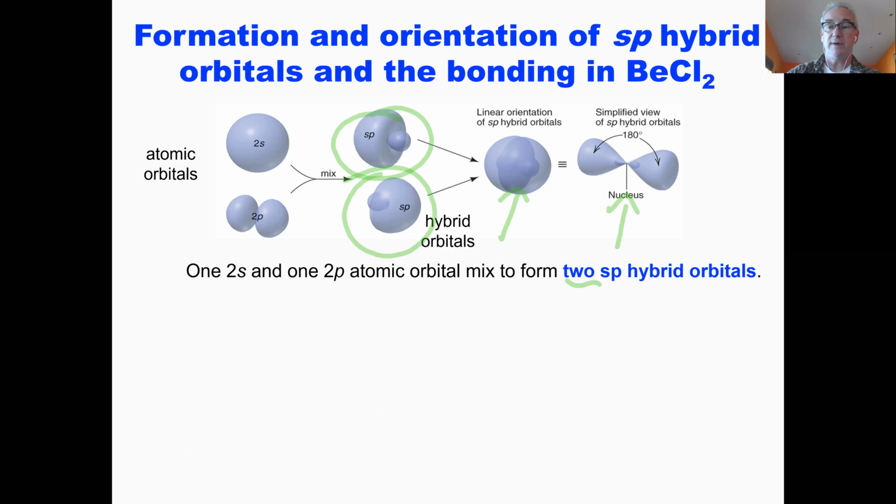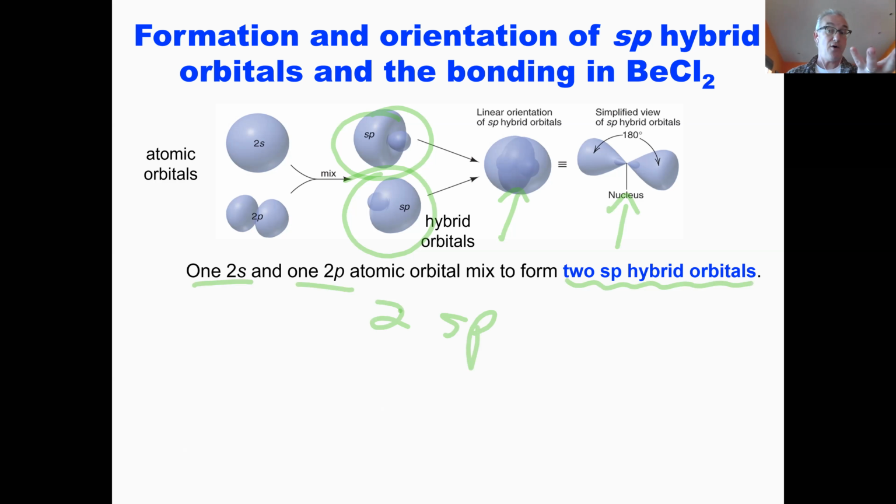You form two sp hybrid orbitals. Because you have one 2s and one 2p atomic orbital to make two sp orbitals, that results in a linear orientation because you've got two regions of electron density.